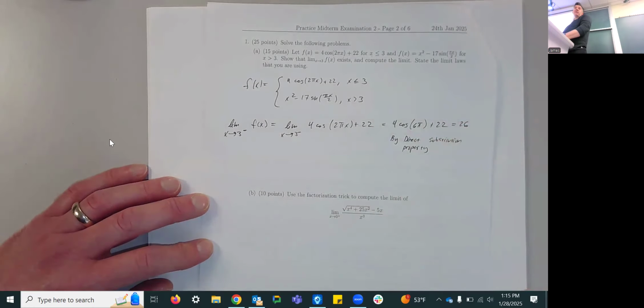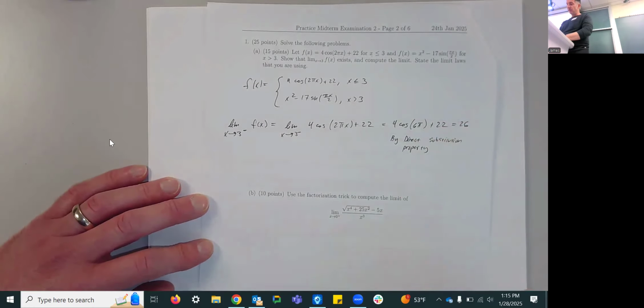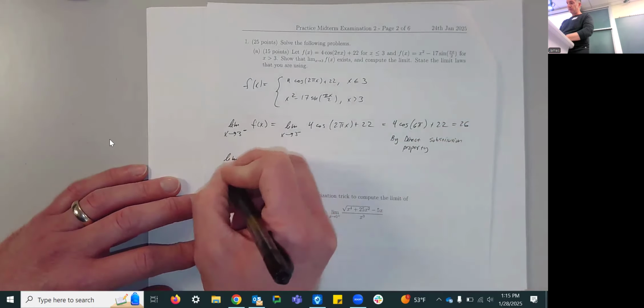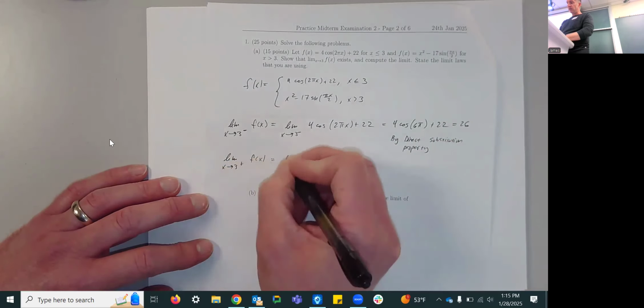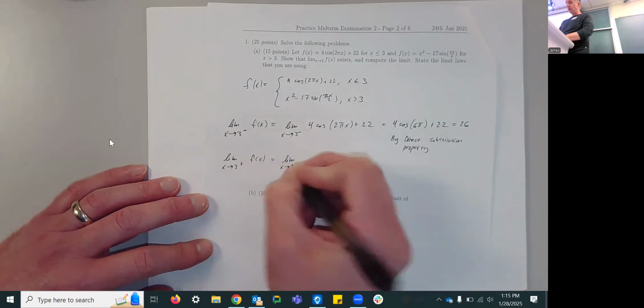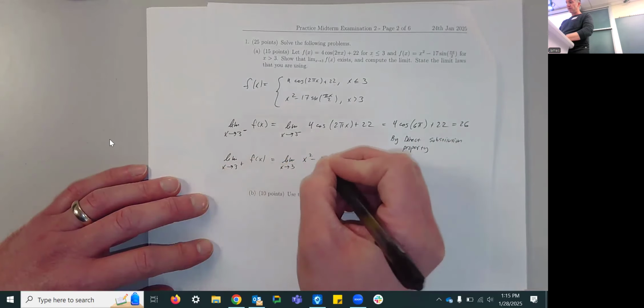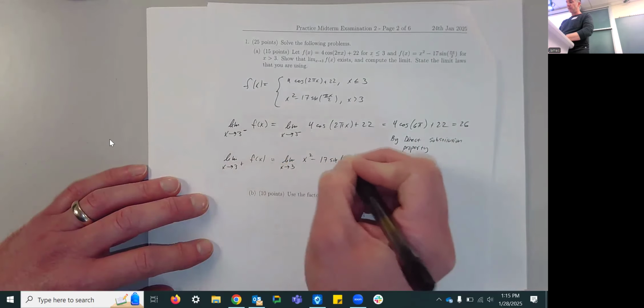And I think the same thing is true for the other side. If we look at the limit as x approaches 3 from the right of f of x, that's going to be the limit as x approaches 3 of x squared minus 17 sine of pi x over 2.